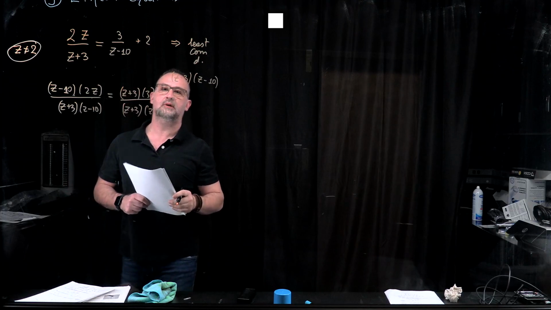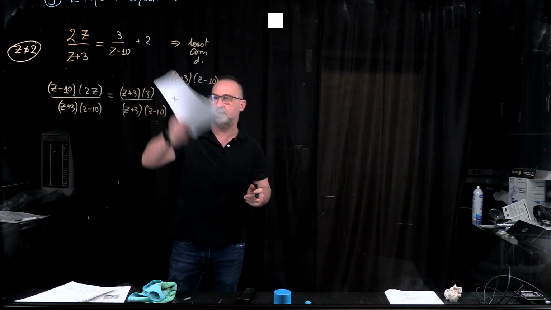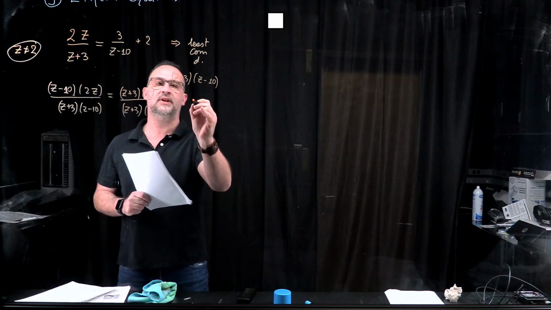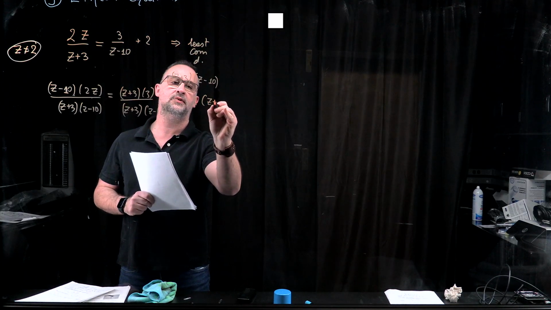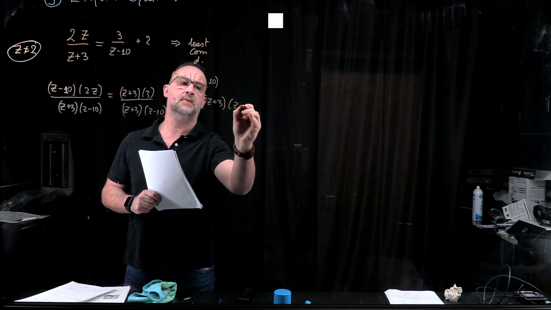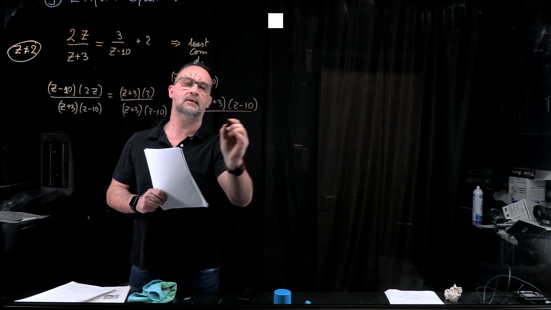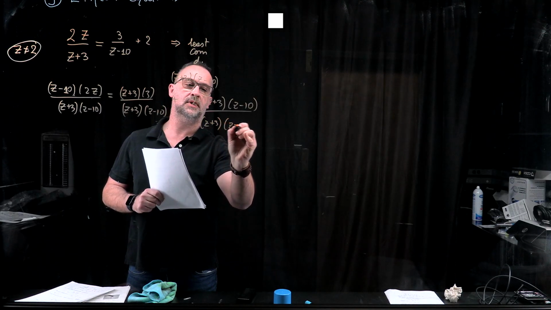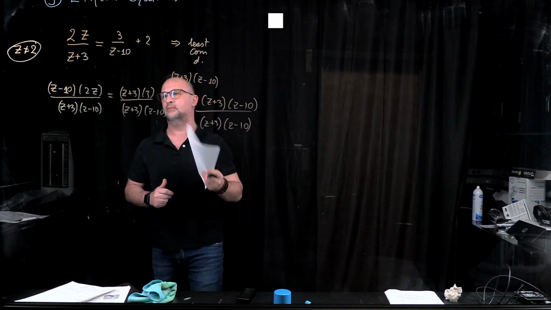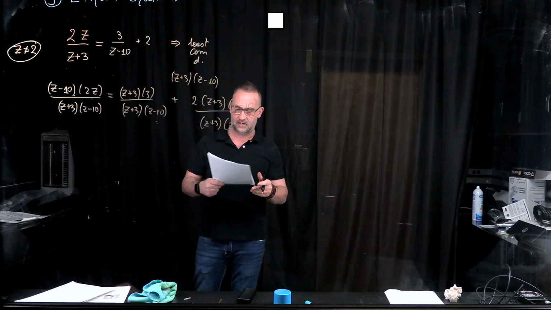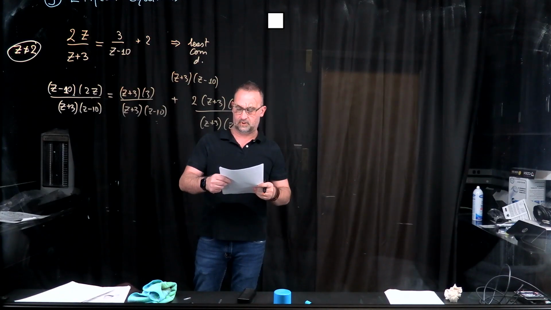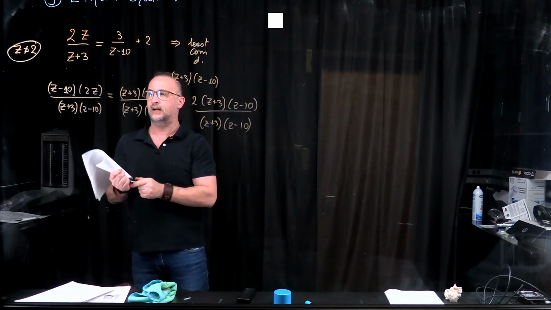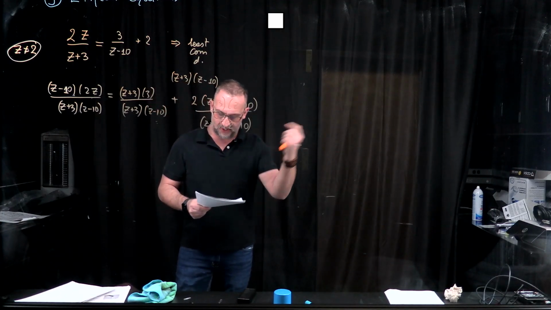And we also are left with the 2 here, which we're going to multiply both numerator and denominator by the least common denominator, which is z plus 3, z minus 10, divided by z plus 3, z minus 10. So these are not hard problems, these are just elaborate. You have to make sure that you will not forget something when you take all the operations, parentheses and whatnot.